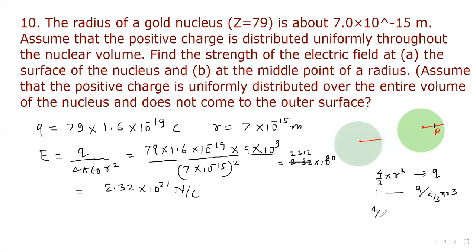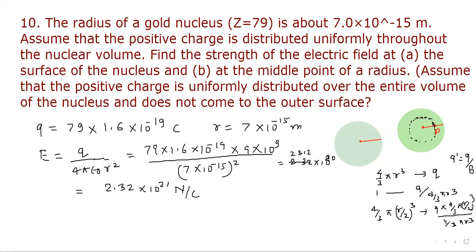Then volume 4 by 3 pi (r by 2) cube, half of the radius, will contain charge Q into 4 by 3 pi (r by 2) whole cube divided by 4 by 3 pi r cube. So this will give Q by 8. So we can say Q dash equal to Q by 8. So 1/8 of this charge will be contained in the sphere when radius will be r by 2.